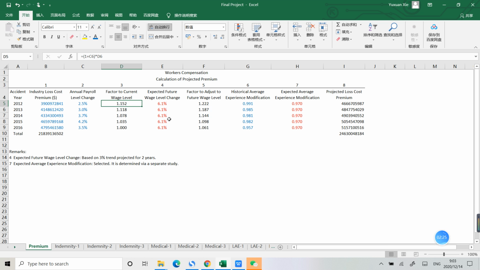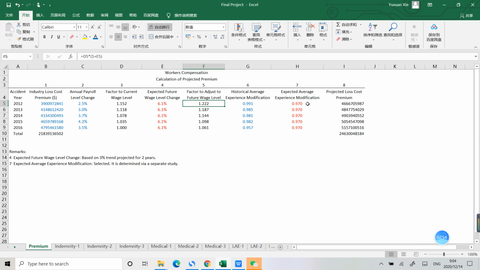It is equal to 1.03 multiplied by 1.003 minus 1. So this is what we choose, and column 5 is equal to the factor to current wage level multiplied by 1 plus expected future wage level change.